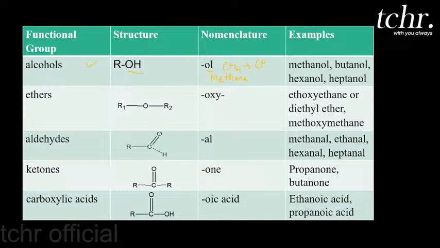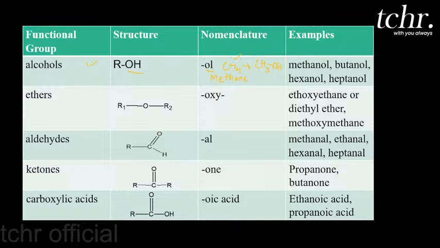So it becomes CH3. When you remove one hydrogen, it will give you the alkyl part, that is methyl CH3, and add one OH functional group, the alcohol functional group. Is that clear? I had a hydrocarbon methane. Now what I did? Remove one hydrogen.